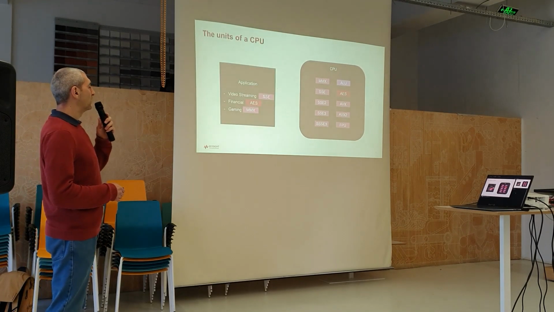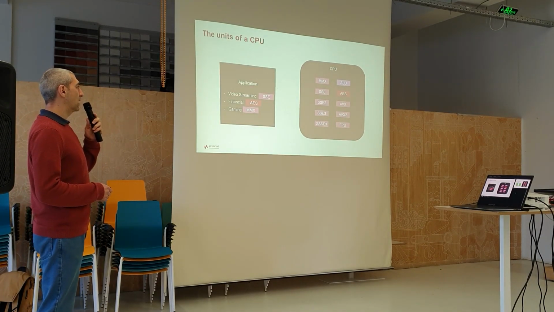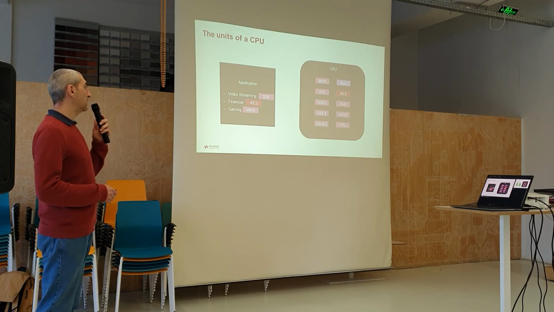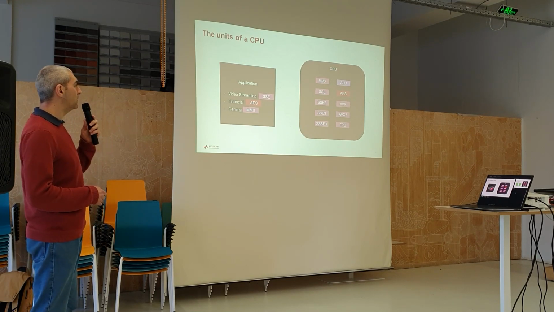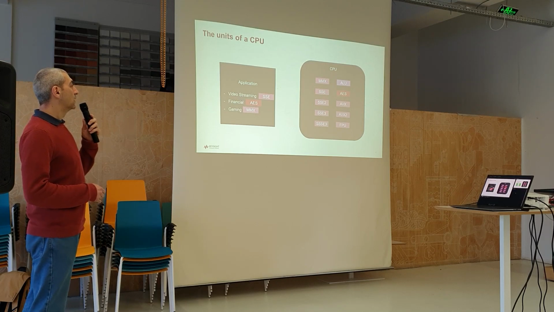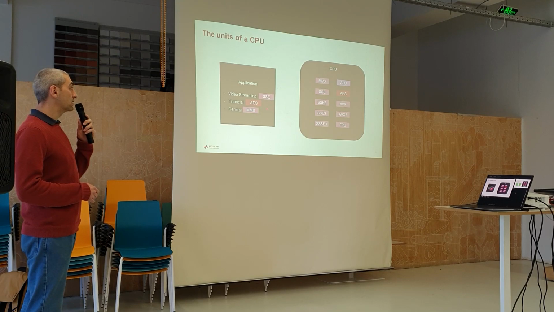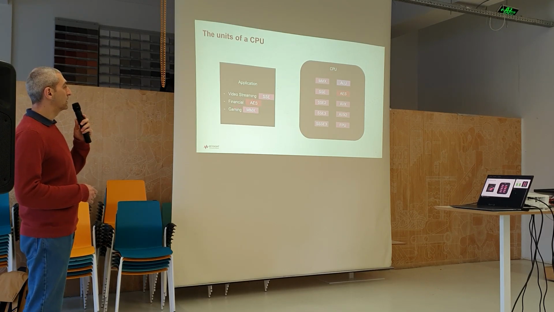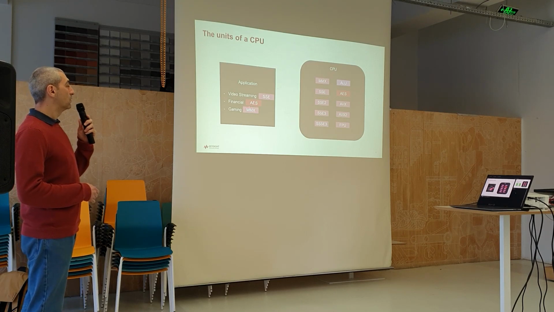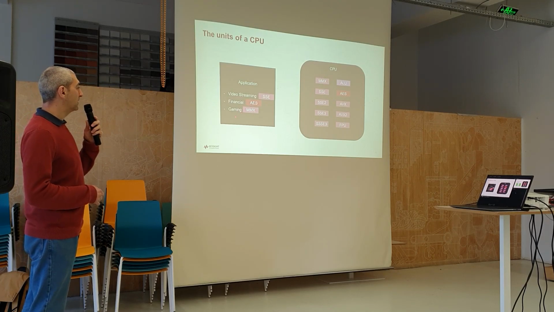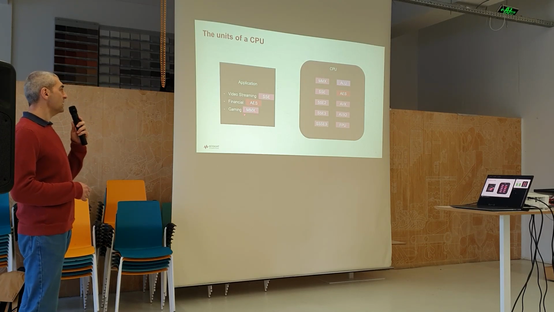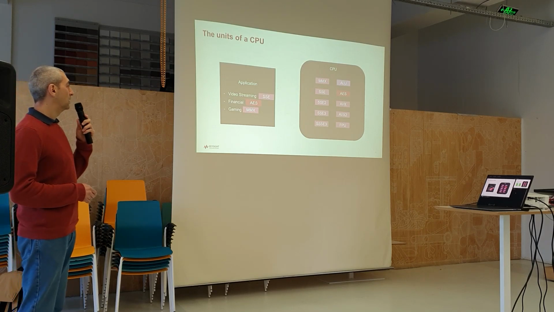Okay, so different units are used for different applications. For example, video streaming might use the SSE unit more intensively as compared to some financial applications. We might use the encryption and the security functionality of the AES unit, or in gaming it might be using the MMX unit. It depends.